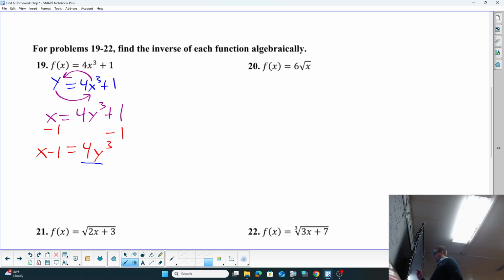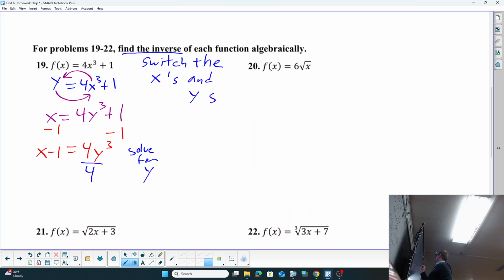Then we have to solve for y. We're switching to find the inverse: you switch the x's and y's and solve for y.